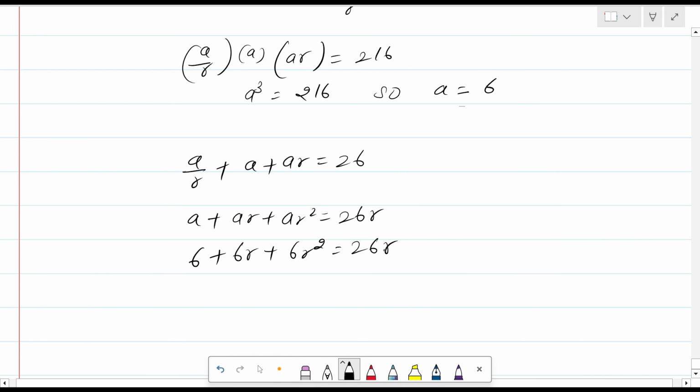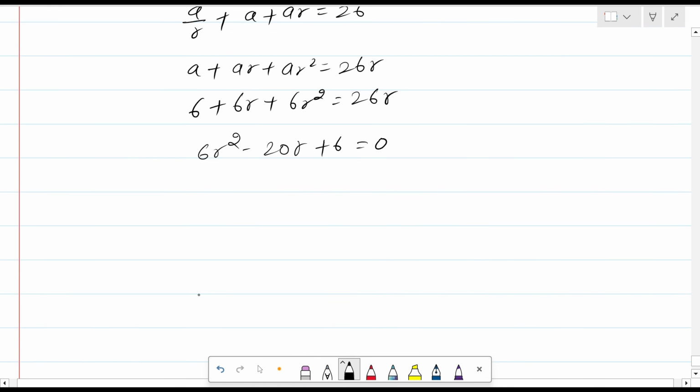If I write the value of A as 6, then 6 by R plus 6 plus 6R is 26. So it will be 6 plus 6R square equals 26R, so 6R square minus 20R plus 6 equals 0. Solving this equation, we get R equals 3 and R equals 1 by 3.